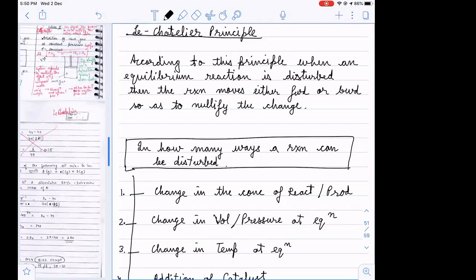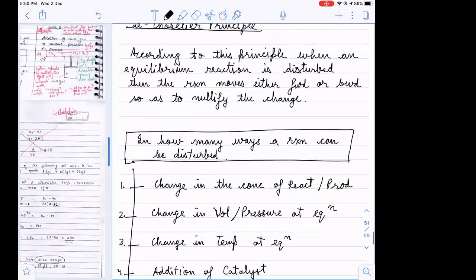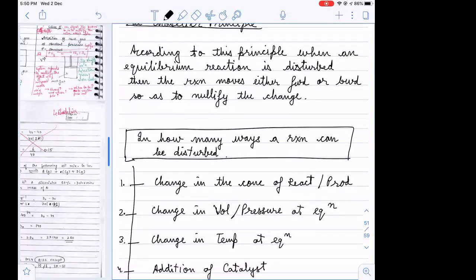Now we are going to study the changes in an equilibrium reaction. How can we change an equilibrium reaction? What factors can cause the change in equilibrium of a reaction? And we are also going to study what happens when that change is given to the equation, when that equilibrium is disturbed.